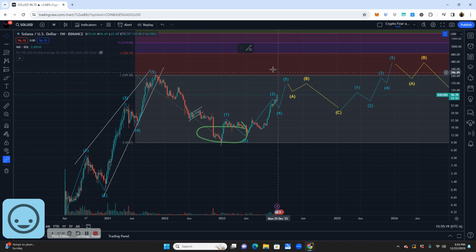This count would be invalidated, obviously, if wave 3 ends up at a new high sometime early next year or something like that.